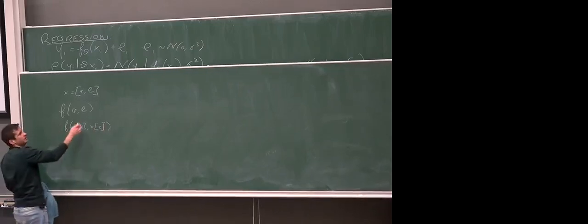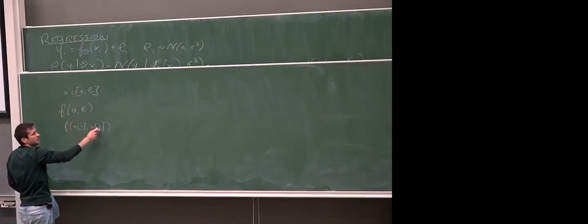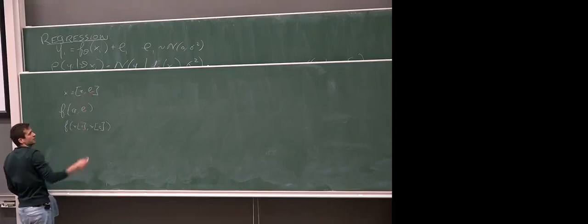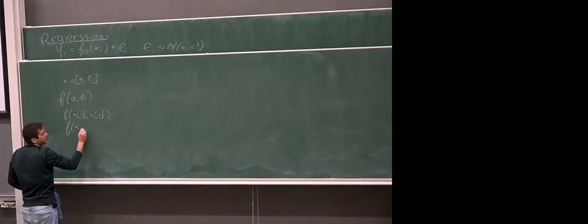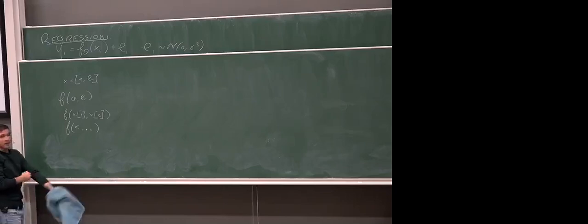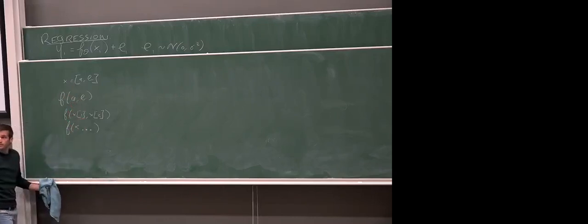That makes sense, right? You're indexing, give me the first entry of x, and that's going to be my first input argument. Give me the second entry of x, that's going to be my second input argument. What you could also do is f of x splat, then it unpacks the array and just adds them as input arguments to my function.